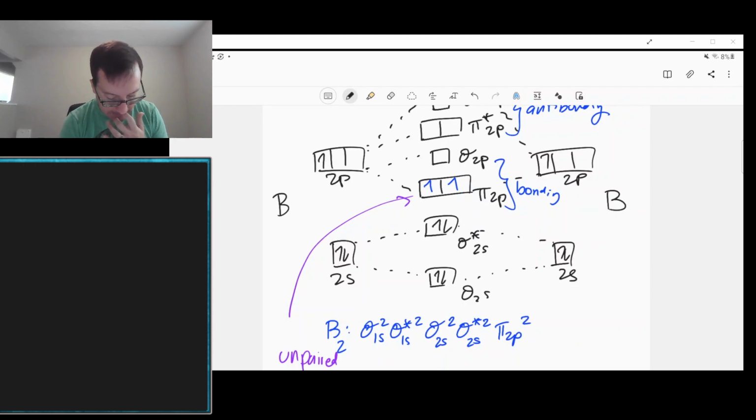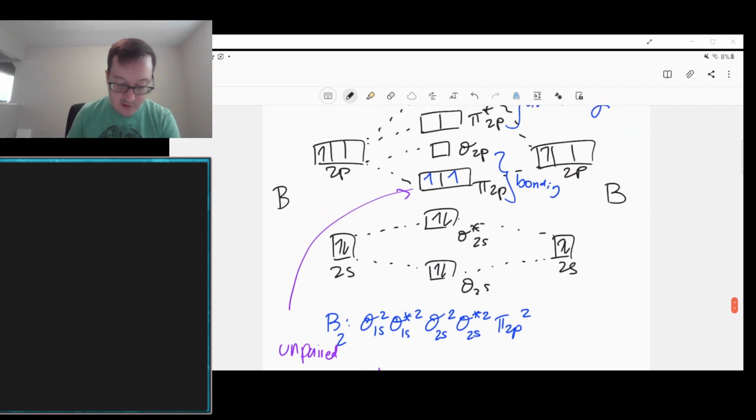Our next one, carbon, would not be paramagnetic. Bond order for this, of course, would just be 1. The sigmas all cancel out, so we just have 2 pi bonding electrons. All the antibondings cancel out with previous bonding, so we're good.